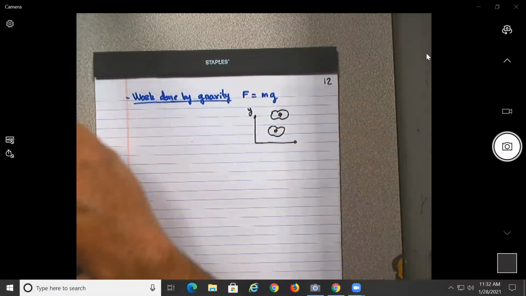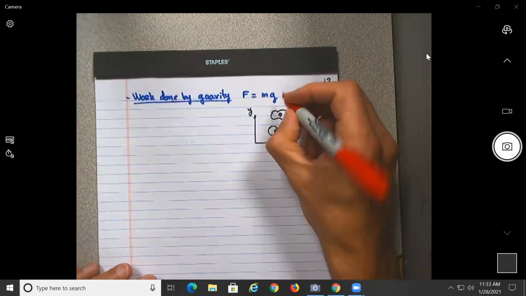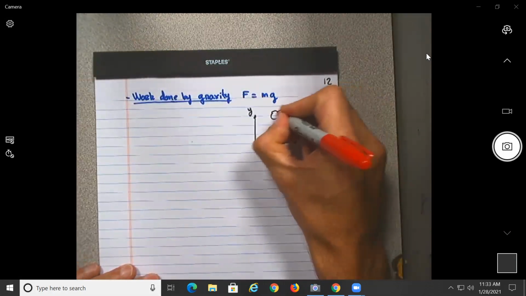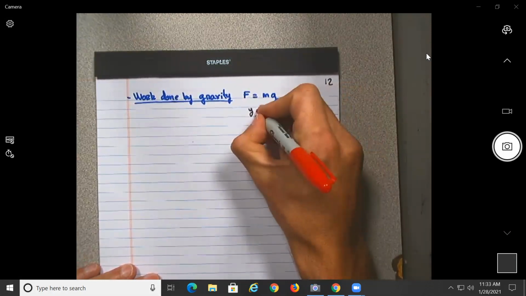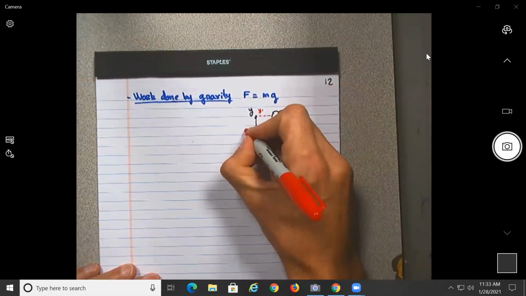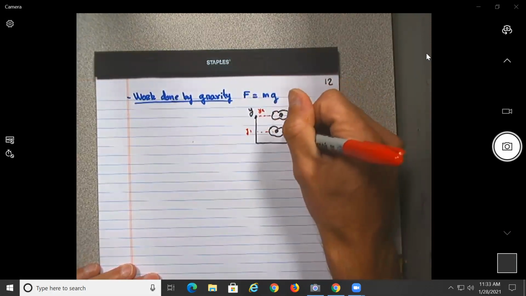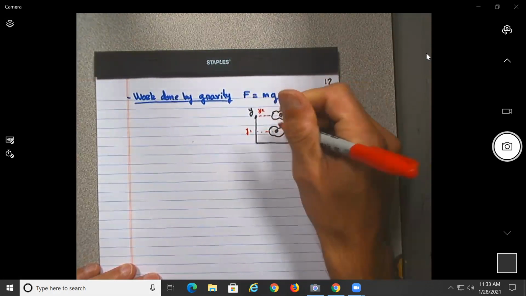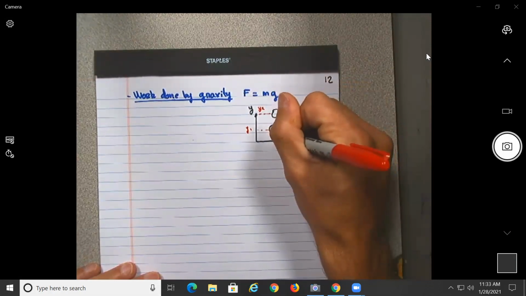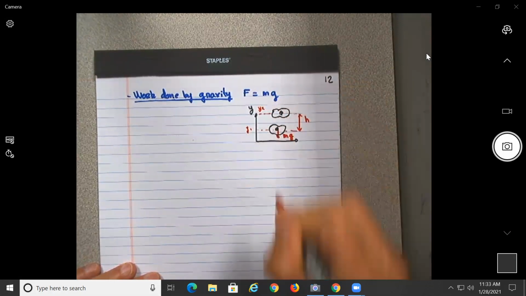So this will be y1 or y2, y1, but really this would be h, and if I plot the force, what will you have? mg, no?